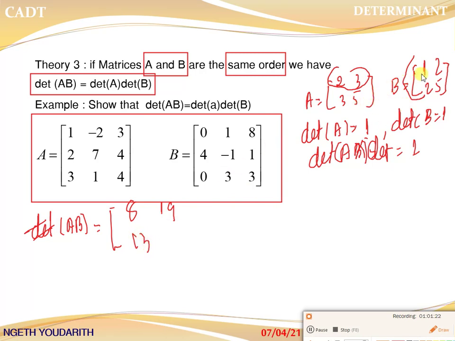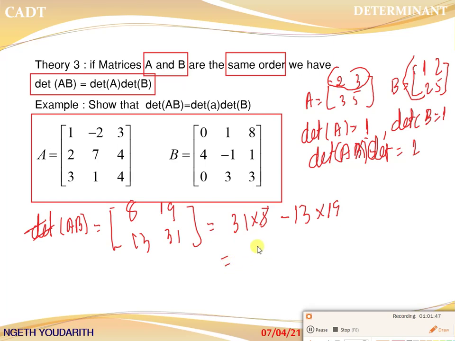And this one is 6 and 25 is 31. So it gets this 31, 8 minus 13, 19. So we get about this.